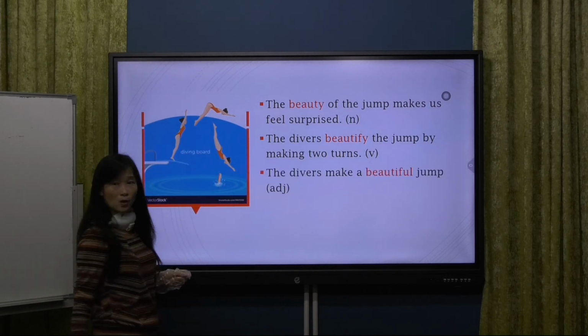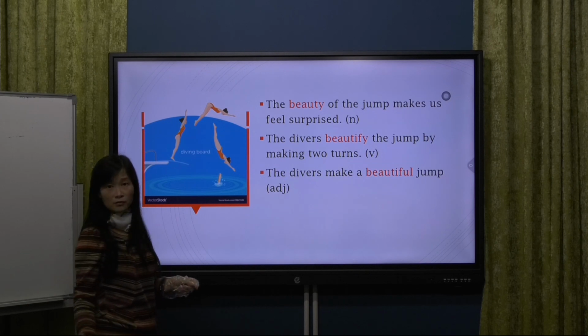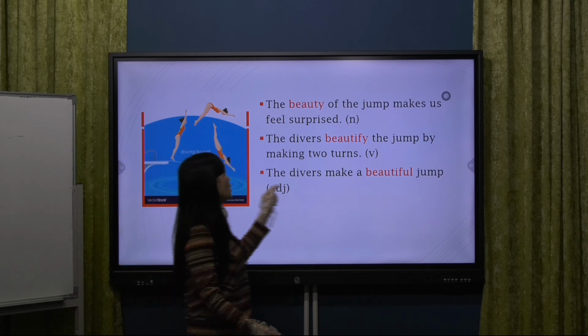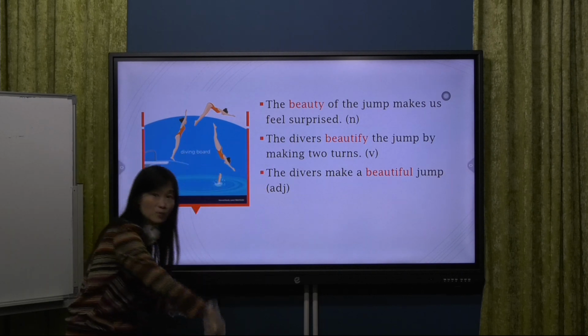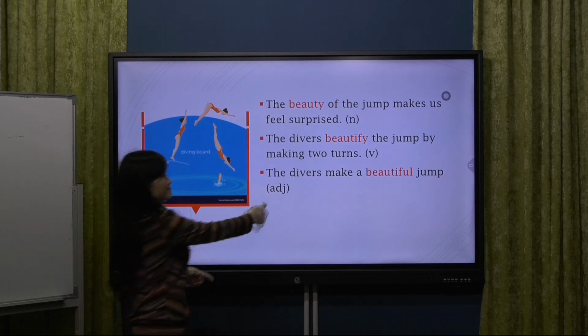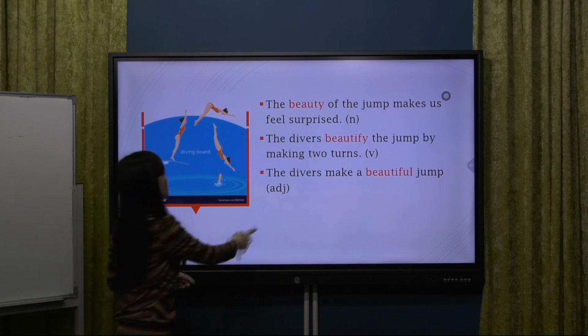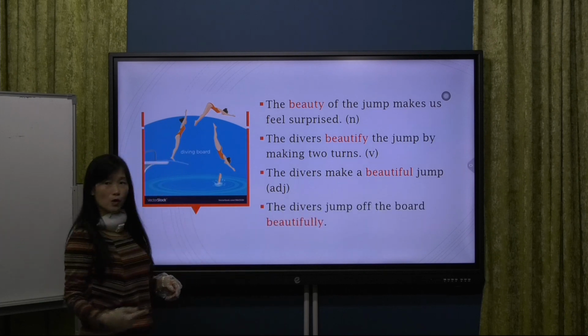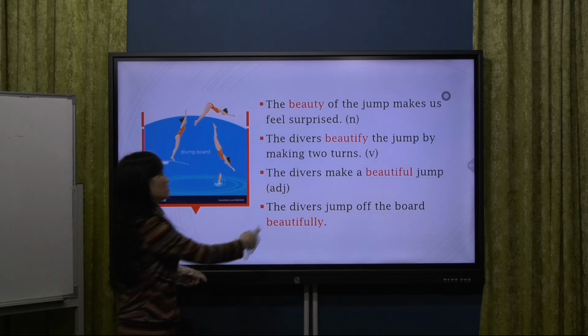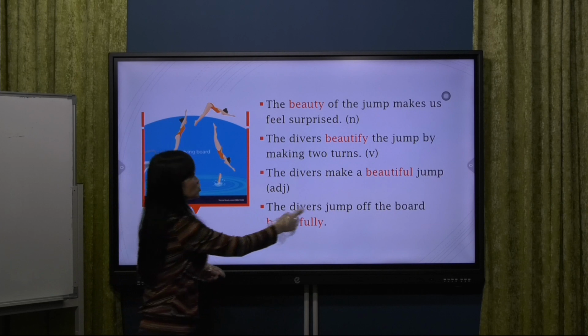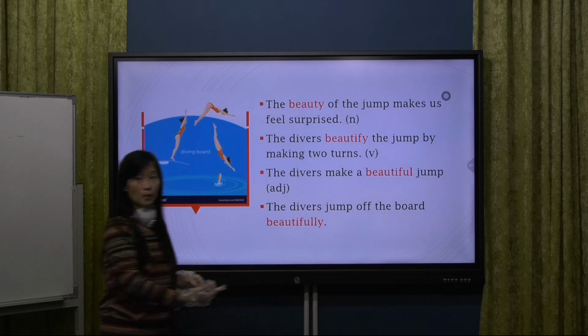And also, we have another form here that is beautiful. So the divers make a beautiful jump. Beautiful here is an adjective. And also, we have beautifully, the adverb. So another example is, the divers jump off the board beautifully.